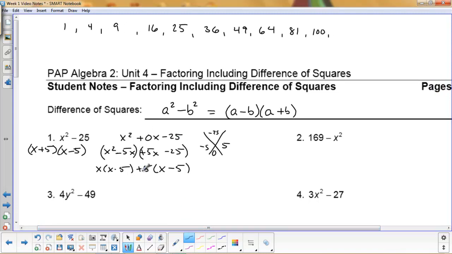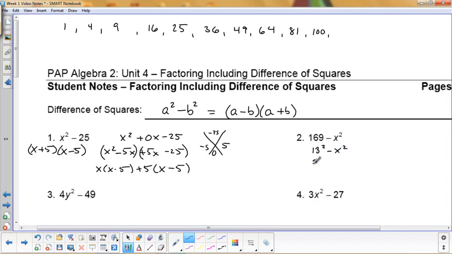So now that you have this understanding and this clear picture of why the difference of squares is what it is, we're simply going to use the strategy of difference of squares conversion for the rest of these examples. 169 is 13 squared, so I can rewrite this as 13 squared minus x squared.